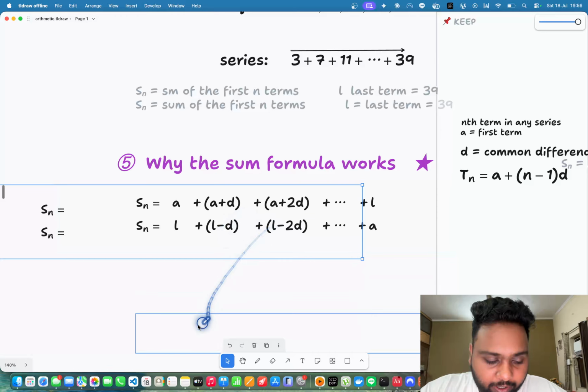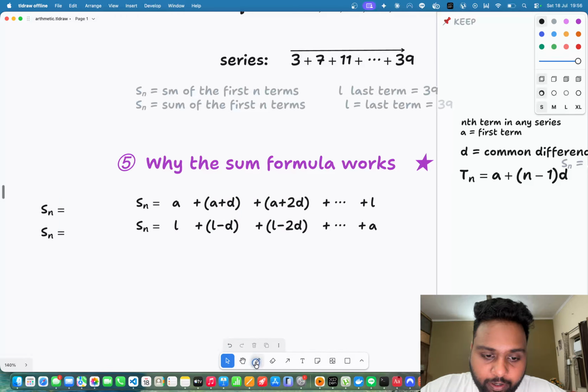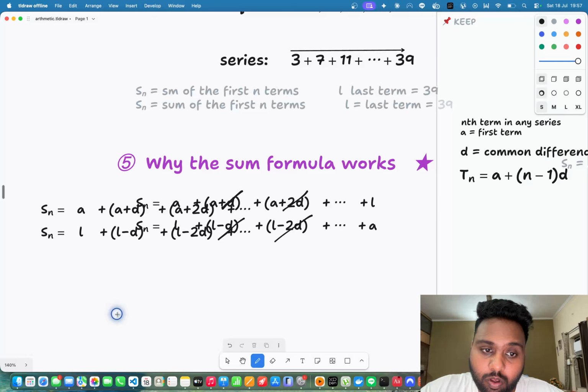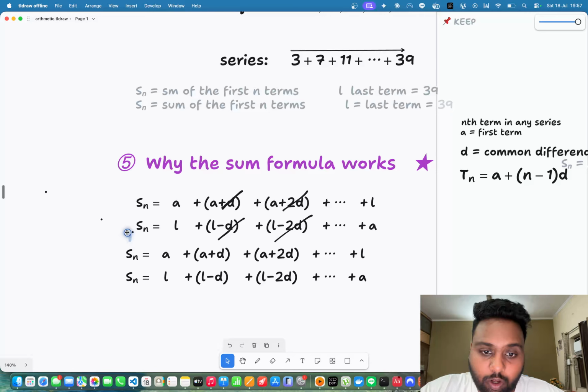But you see a pattern here, right? This is a plus D and this is minus D. If we sum both of these together, all of these D's will cancel out.